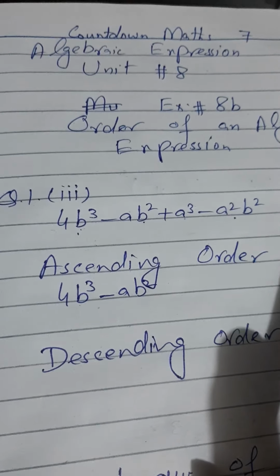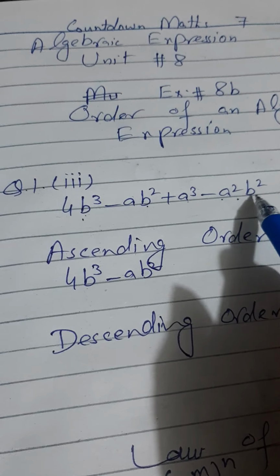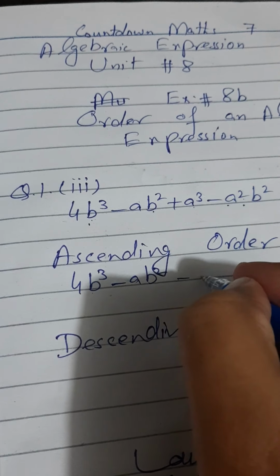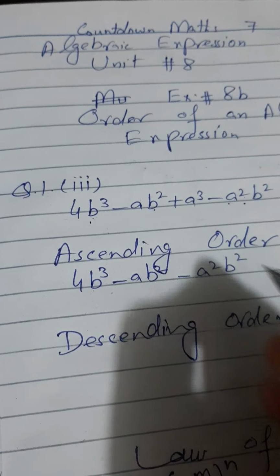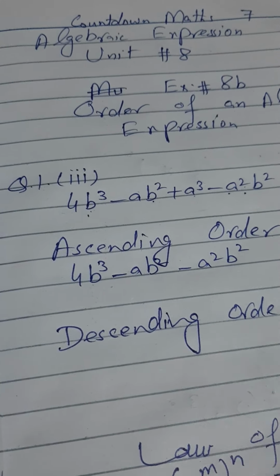Now we have to write the term with exponent of a 2, the term minus a square b square. Now the last term is a cube.